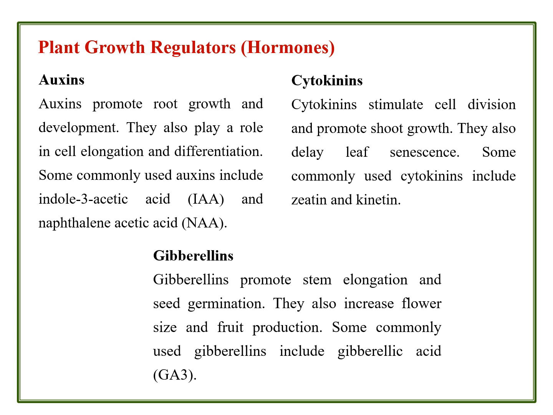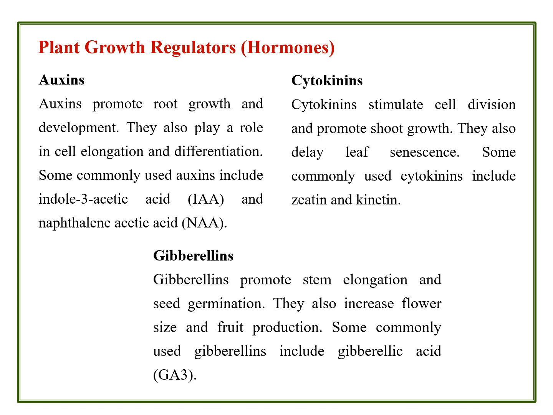Next, cytokinins. Cytokinins always stimulate cell division and promote shoot growth. They also delay leaf senescence. Some commonly available cytokinins in the plant cell or plant tissue include zeatin and kinetin.